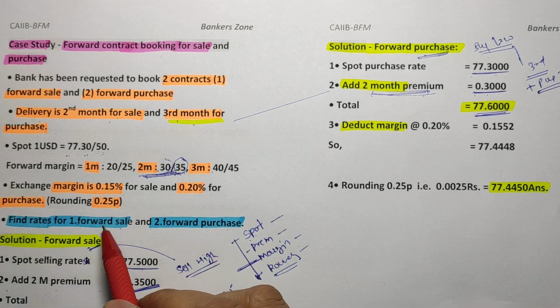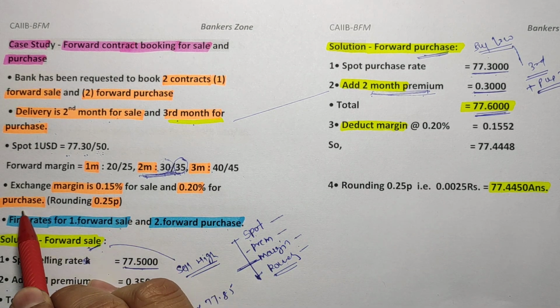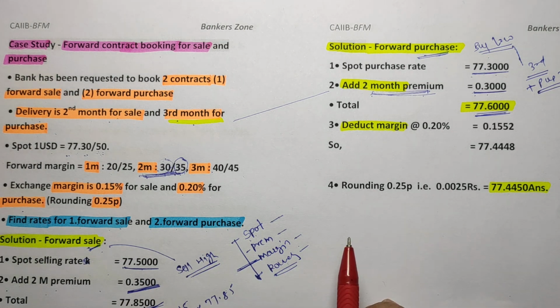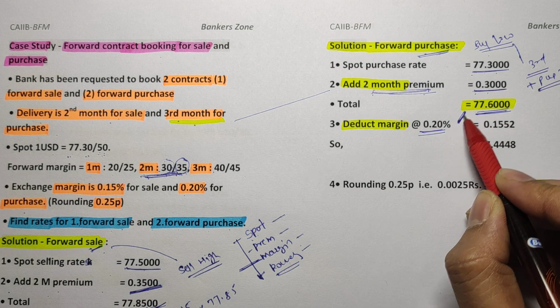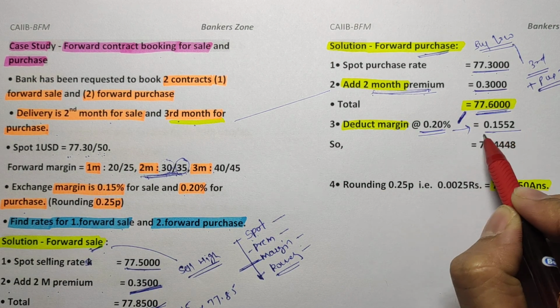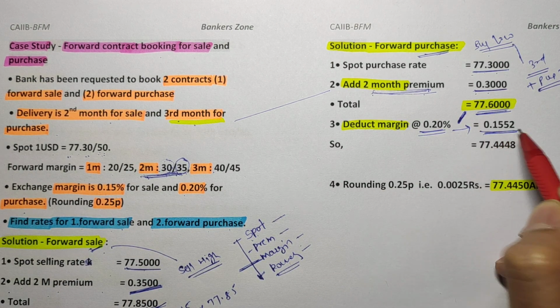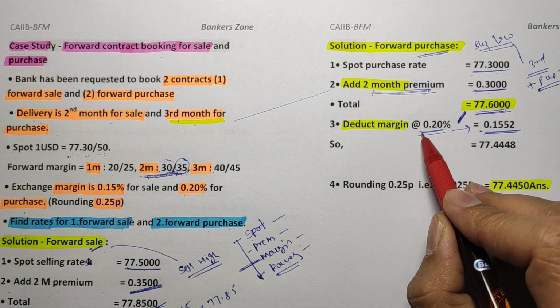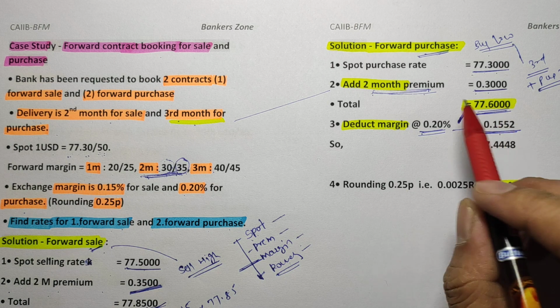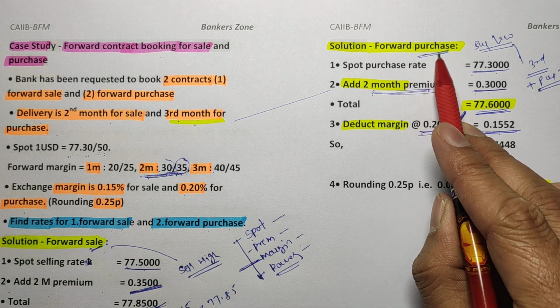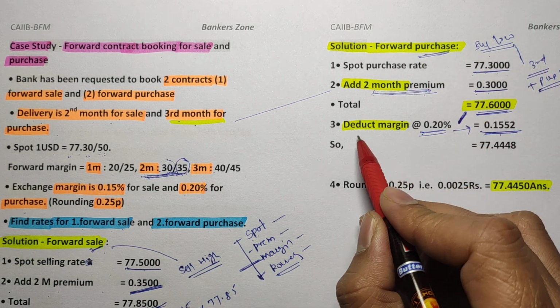So what is the margin for the purchase? They have given the purchase margin as 0.20%. So just calculate 0.20% of that rate and you will get 0.1552 as the value for the margin. In cases of buying, we always deduct the margin.